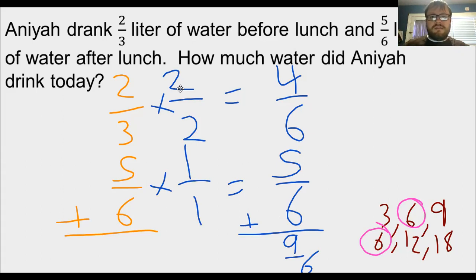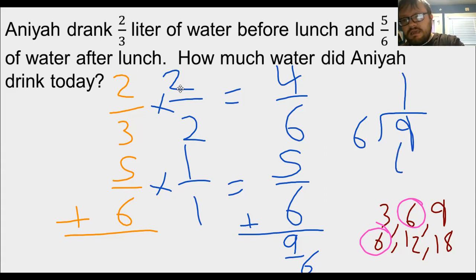So to convert this into a mixed number, there's a different way to do it that's a little simpler. I'm going to use division. I just say simpler, just different. So I'm going to divide 6 into 9 just like this. I ask myself, okay, how many times does 6 go into 9? 6 goes into 9 one time. 1 times 6 is 6.